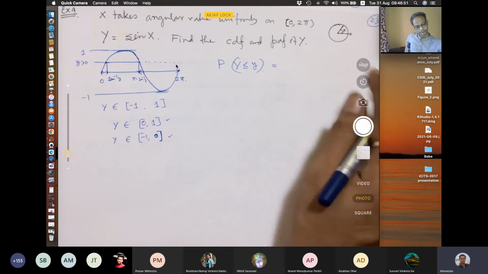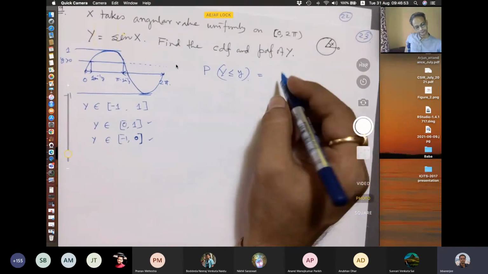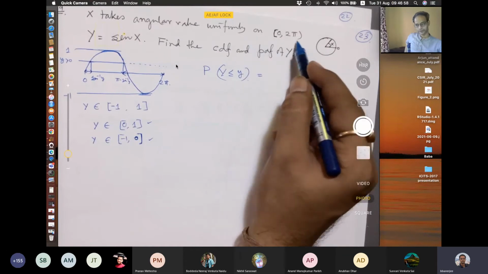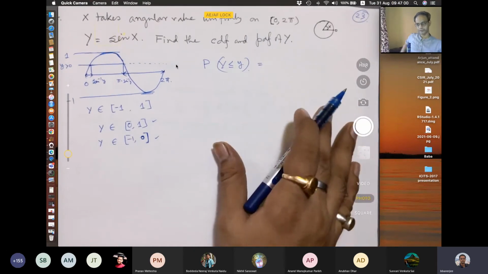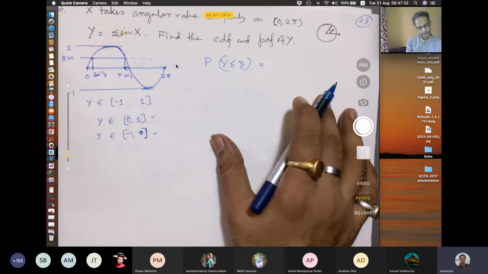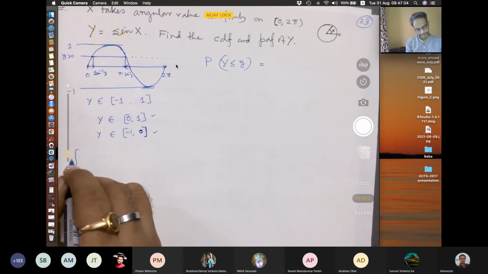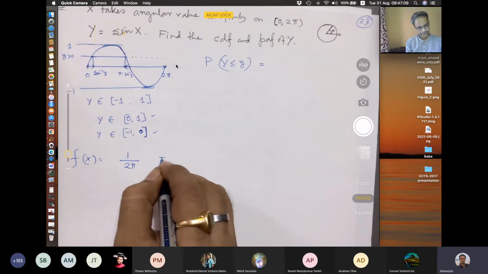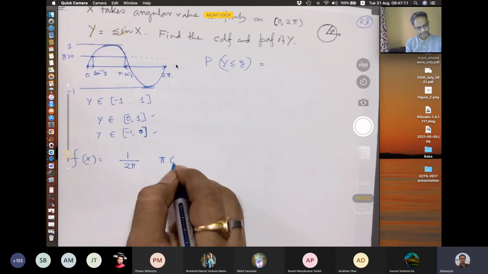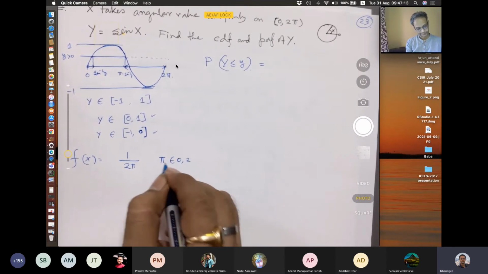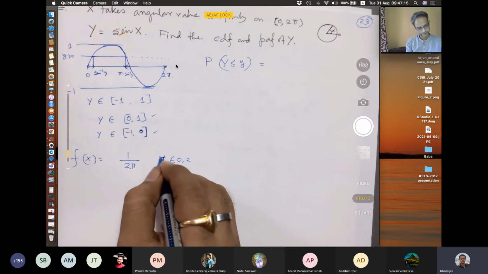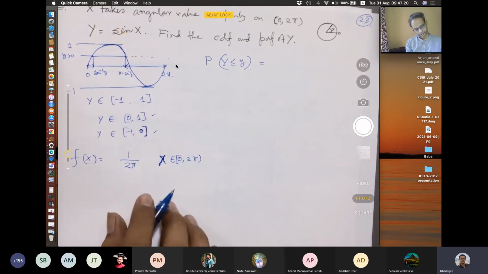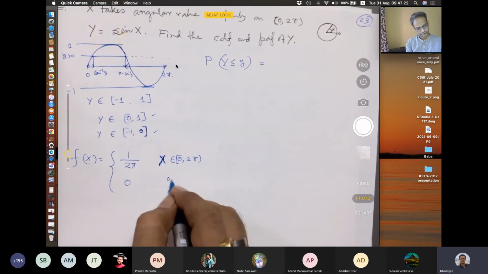So you need to integrate, because it is told that it is having uniform distribution, and already we have done some exercise. So fx, the PDF, is 1 by 2 pi, where x is running from 0 to 2 pi, 0 otherwise.